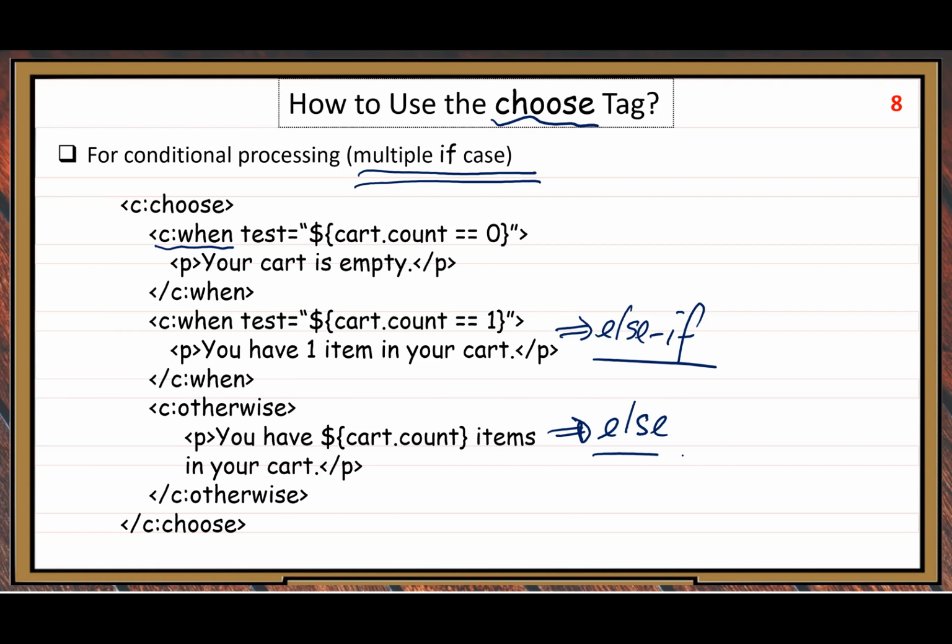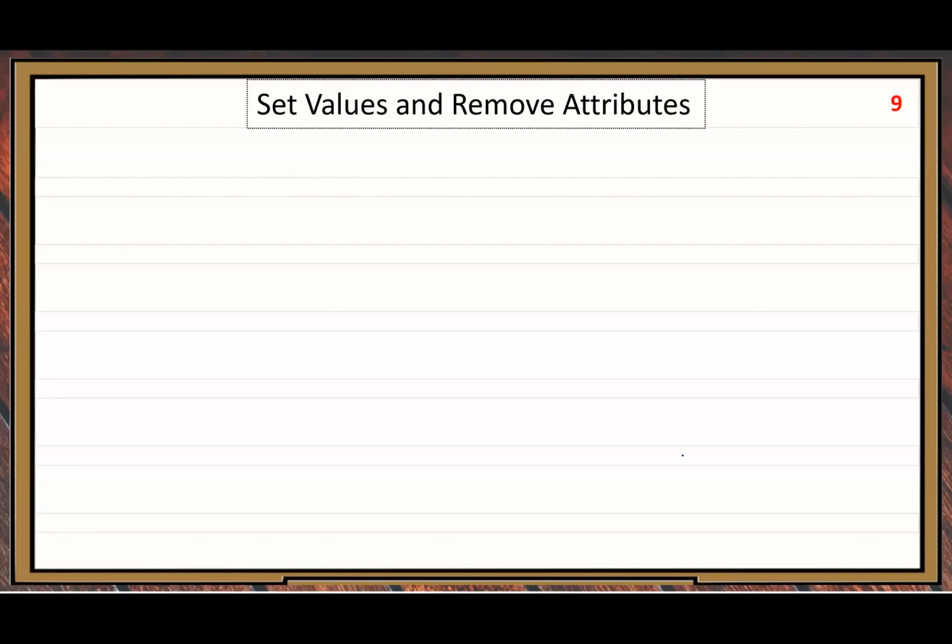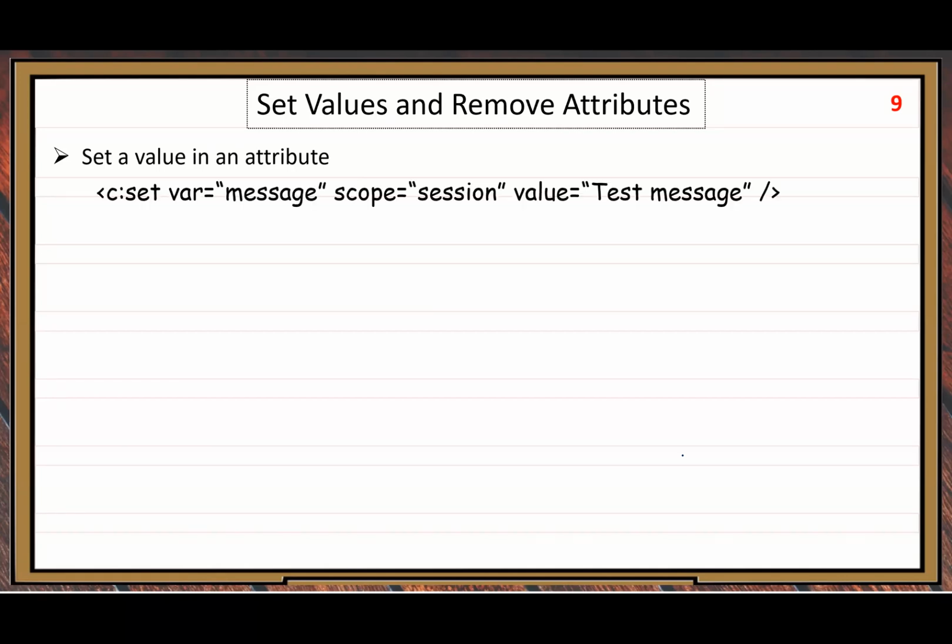Then the last one: set values and remove attributes. So other than control logic, you can do a little more. Another feature you can use in JSTL is setting values. Set a value in an attribute. How to set?